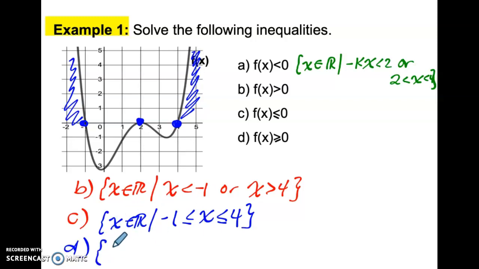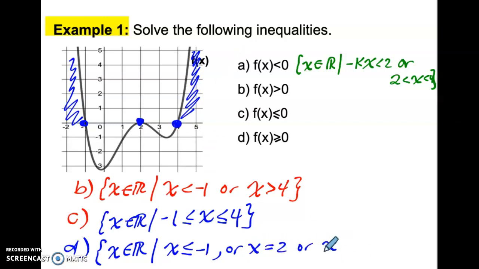So we just need to write out all those sections. It's when x is less than or equal to -1, or when it's equal to 2, or when x is greater than or equal to 4.